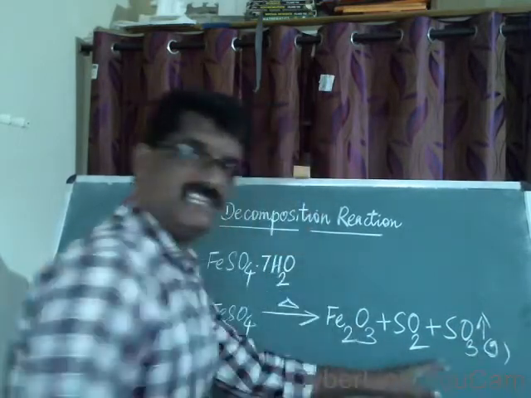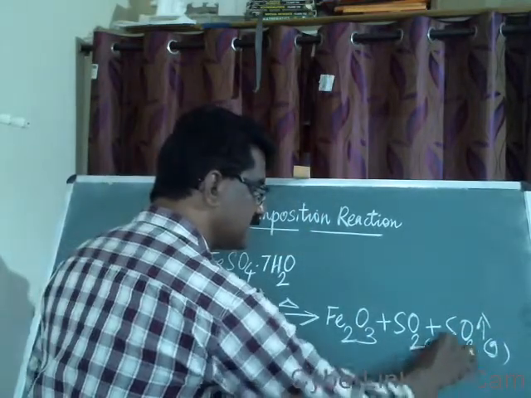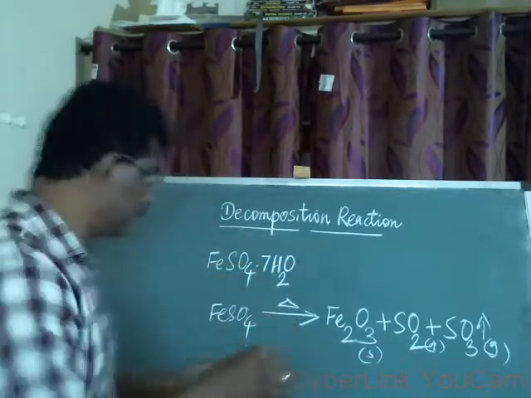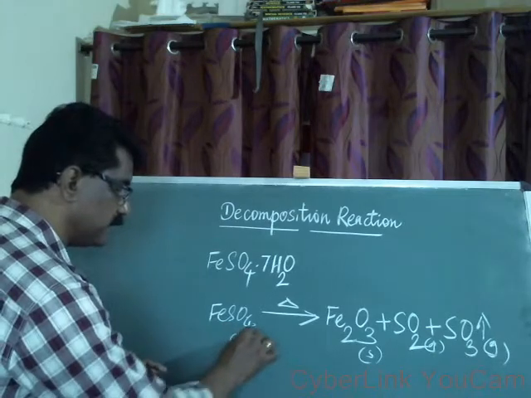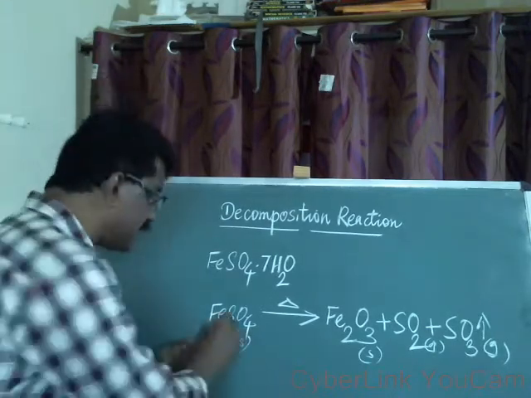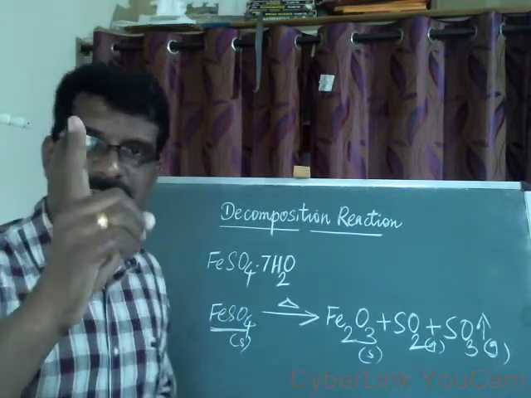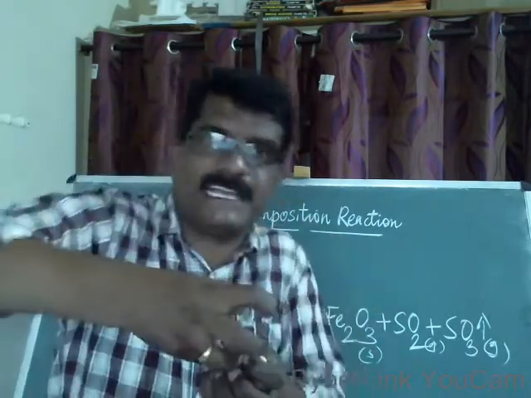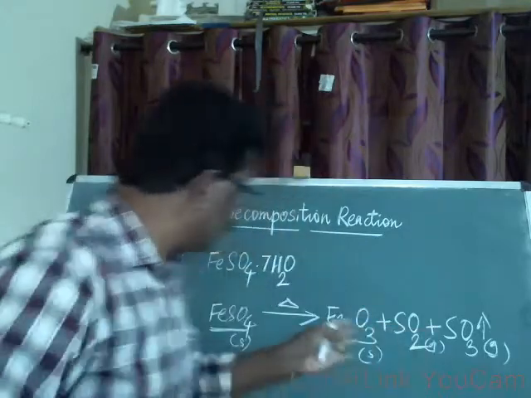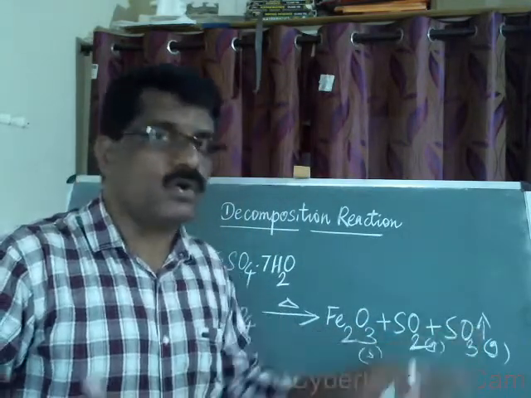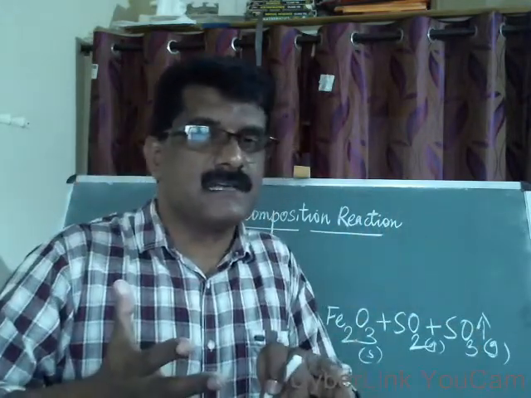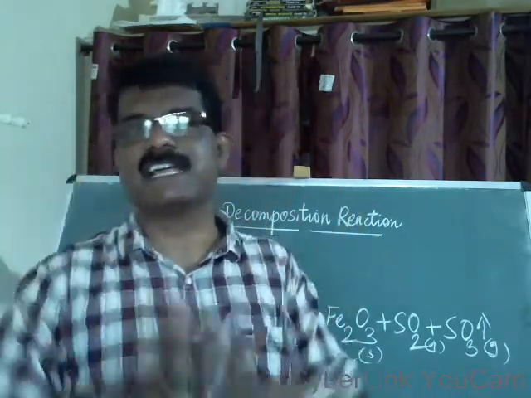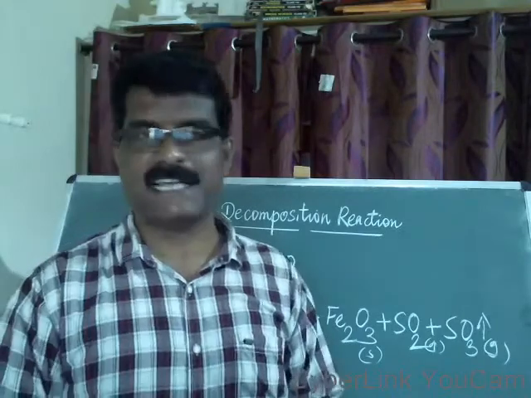I will write here G. The G indicates gas. Fe2O3, that is iron oxide, is a solid. Iron sulphate is also a solid material. So see here, iron sulphate is a single reactant which undergoes breaking when we are heating it, to produce three products. So when a single substance is broken down to produce two or more products, such a reaction is called decomposition reaction.